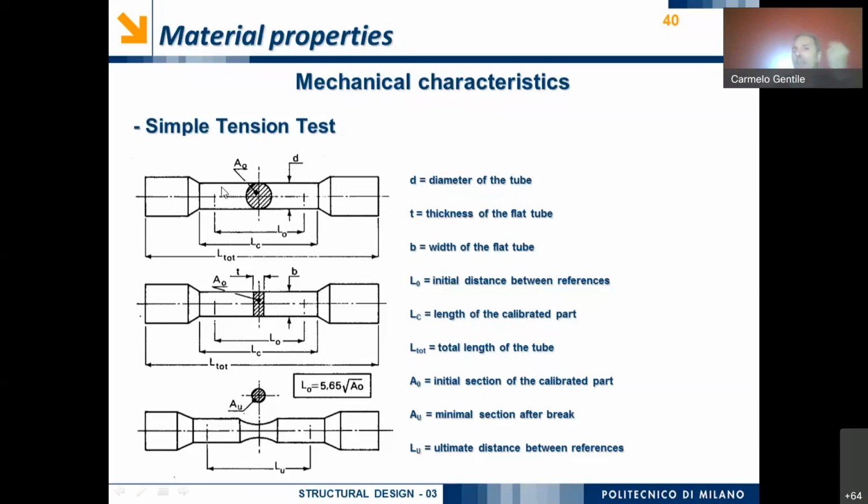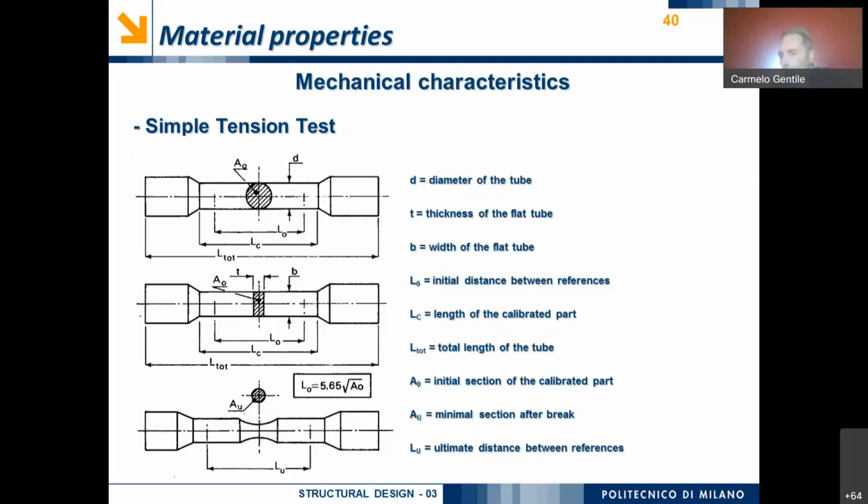We have already commented that from the force we can pass to the normal stress by dividing by the area of the cross section, the area A0, and we can pass also to the normal strain by dividing the elongation by the original length.